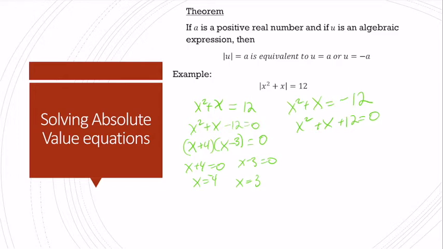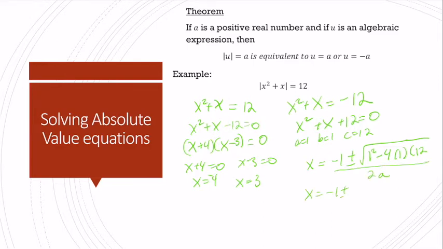Now, if I try to factor x squared plus x plus 12 equals 0, that's not going to happen. So I'm going to have to use the quadratic formula. Or I could complete the square, but I don't want to. So I have x equals negative b, plus or minus the square root of b squared minus 4 times a times c, all over 2a.